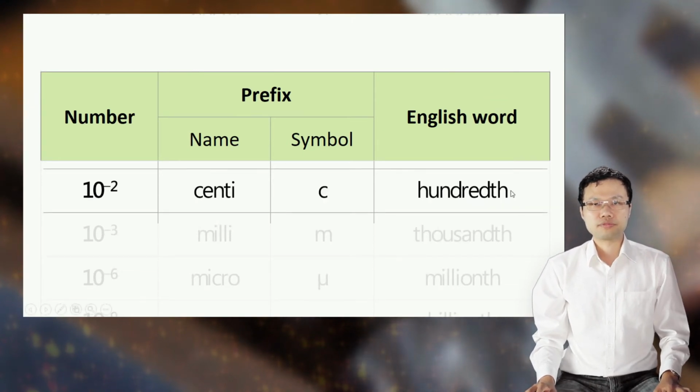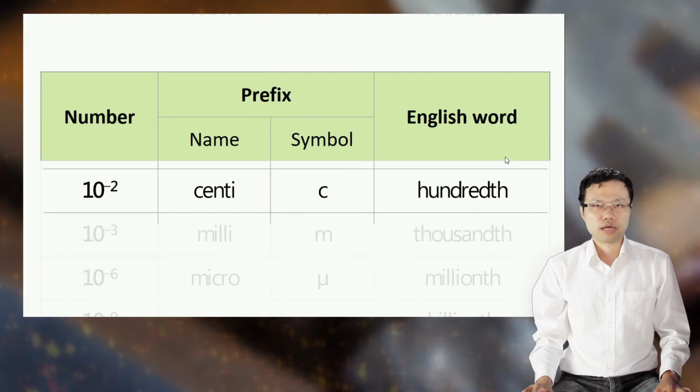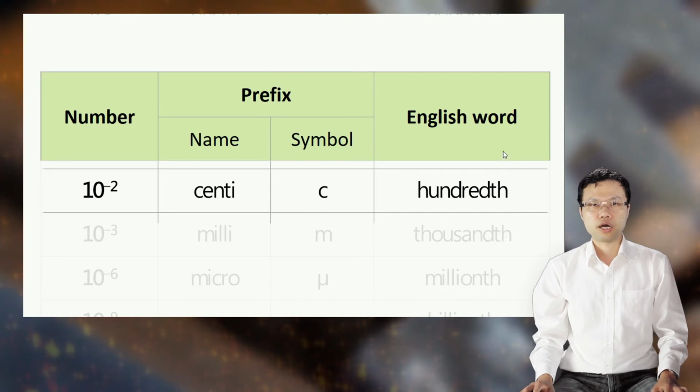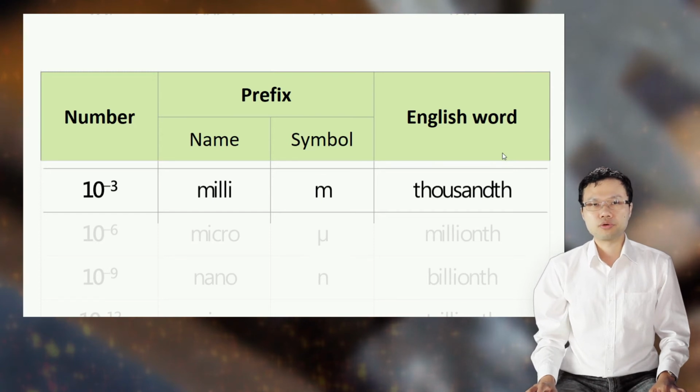We can start from 10 to the power of minus 2 or 0.01. It is represented by centi. For example, 0.01 meter is 1 centimeter. Next order of magnitude is 10 to the power of minus 3, represented by the metric prefix milli, symbolized by lowercase m. For example, 0.001 meter is called 1 millimeter.